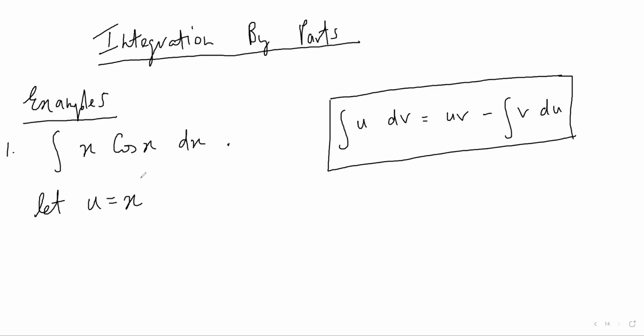But you must choose the appropriate one, because if you let u be equal to cos x and go ahead with it, you may run into a problem. It's not going to evaluate the way you want, or it's not going to simplify anything.